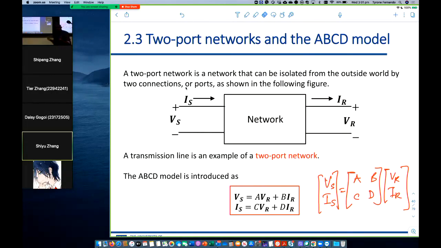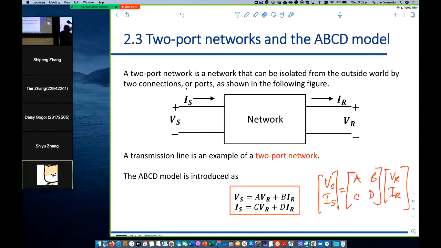So the sending end and the receiving end are the two ports. The sending end voltage and sending end current are related to the receiving end voltage and receiving end current through this ABCD matrix, right?